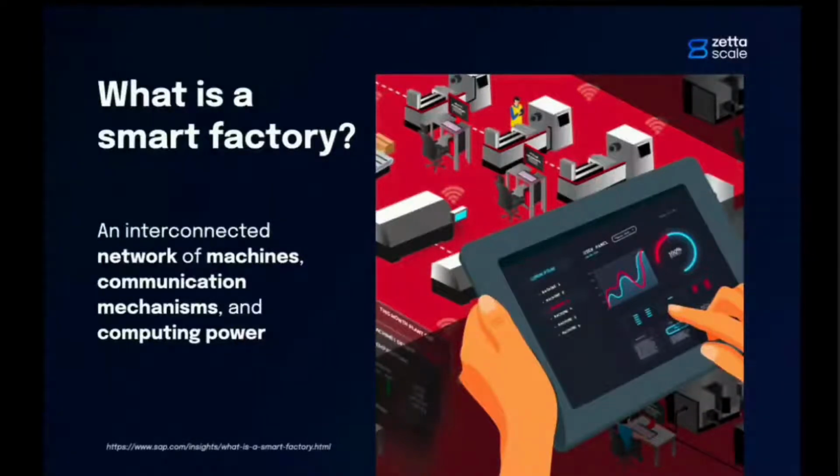Here I'm just taking a definition from SAP: a smart factory is an interconnected network of machines, communication mechanisms, and computing power. It's an abstract definition, but we can see later what the differentiation point of smart factories is and why Zenoh can be helpful in these scenarios.